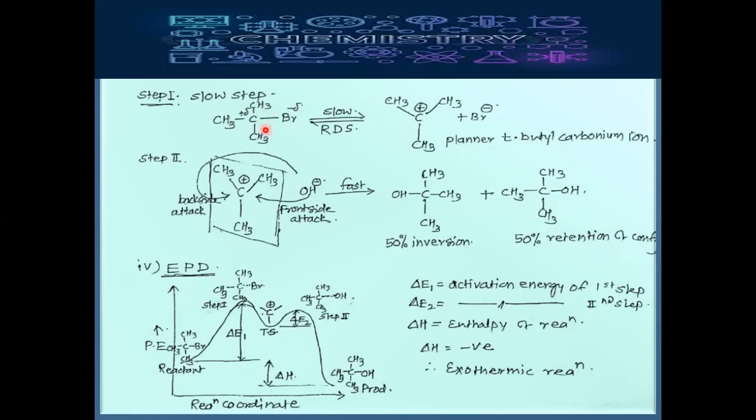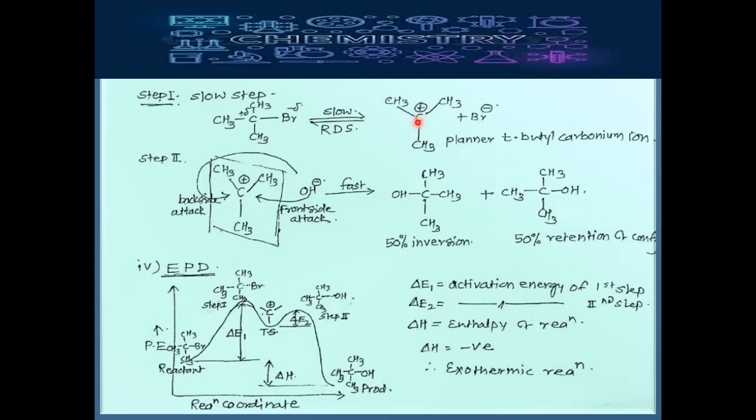So on heterolysis the bond breaks, the shared electron pair goes to bromine, and bromine gets a complete negative charge and carbon acquires a positive charge. This dissociation takes place at a very slow rate. It is the slow step, and the tertiary butyl carbonium ion is formed.